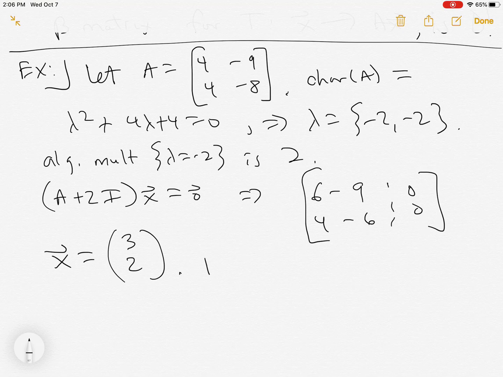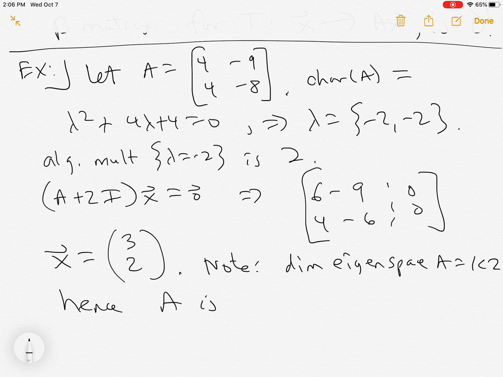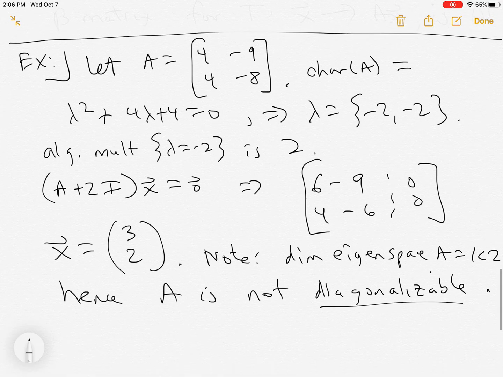So note, the dimension of the eigenspace of A is 1, which is strictly less than 2. Hence, A is not diagonalizable. That's from the last section.